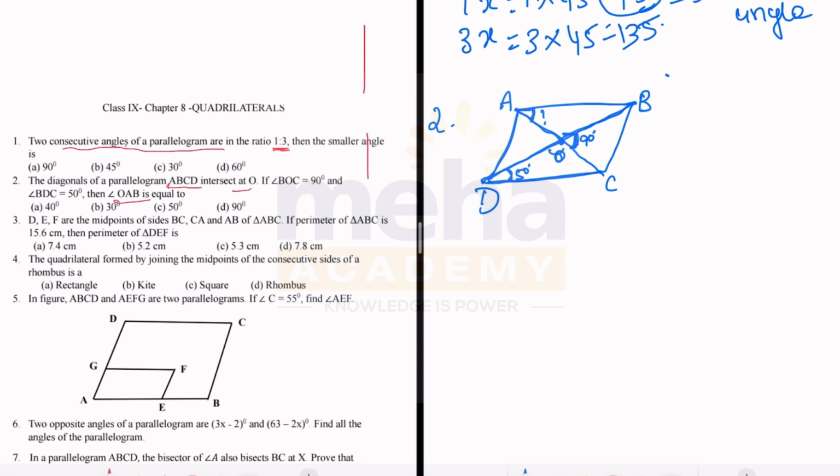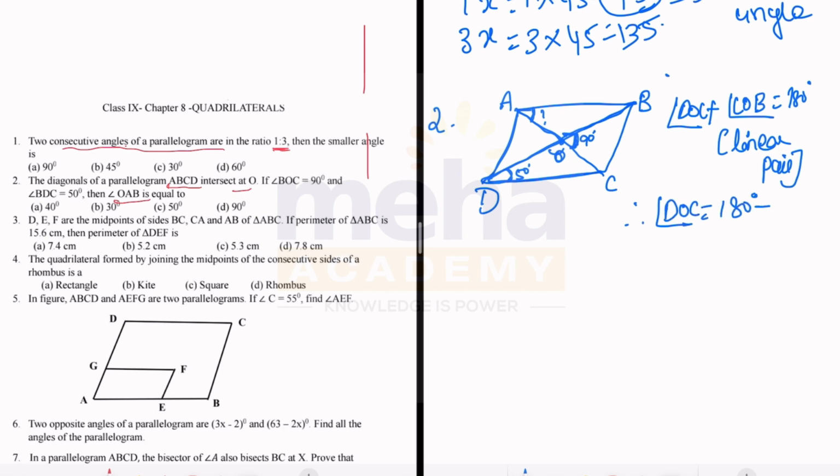Angle DOC. So angle DOC plus angle COB is equal to 180 degree because linear pair. Therefore DOC will be equal to 180 minus 90, that would be 90 degree. So angle DOC is equal to 90 degree.